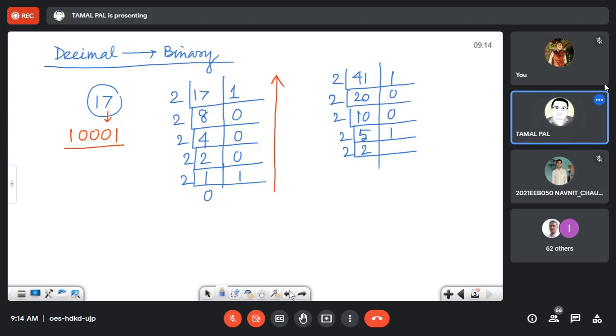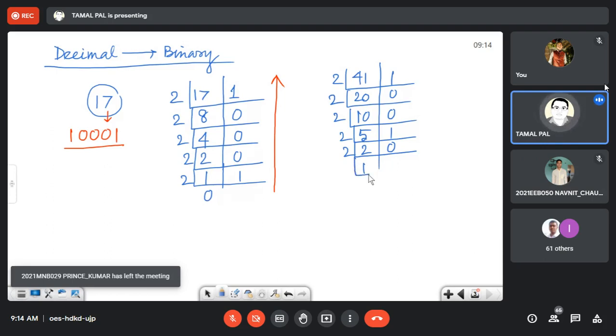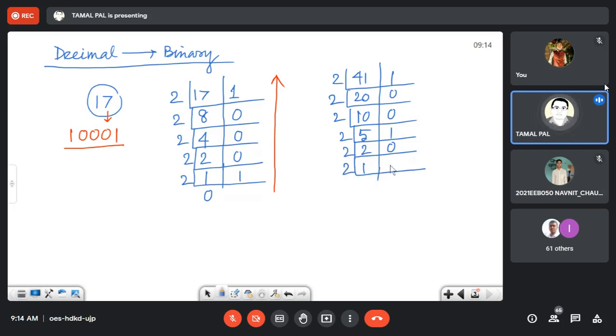The quotient is 1 and this is 0. You may also stop here because it is less than 2. You may not run up to the next page, but if somebody likes to take only the remainder part, then you may continue your division for one more step.